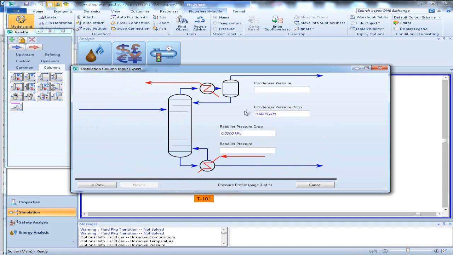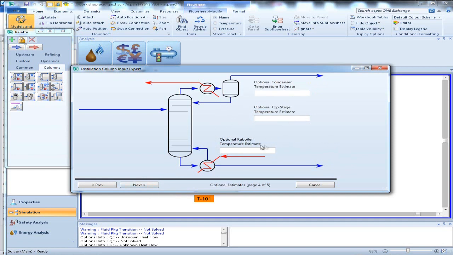Alright, the condenser and reboiler pressure drops will be set to 0. And the condenser pressure is 125 as given, and 137 as given as well.